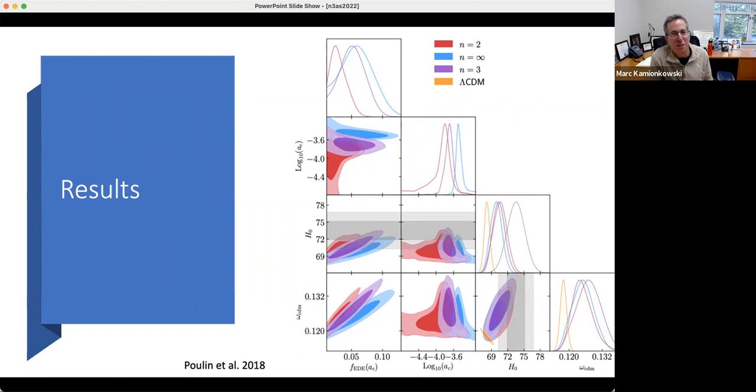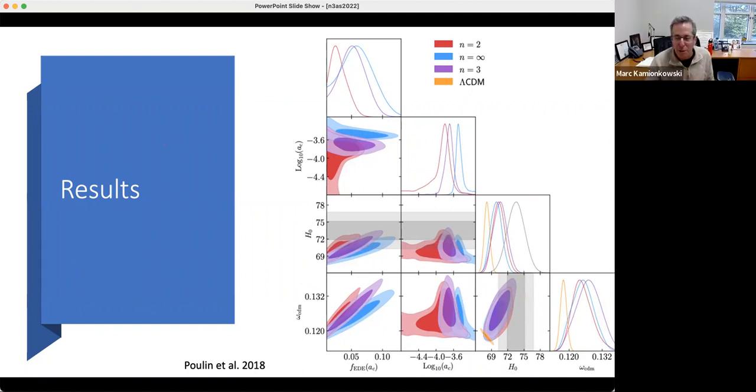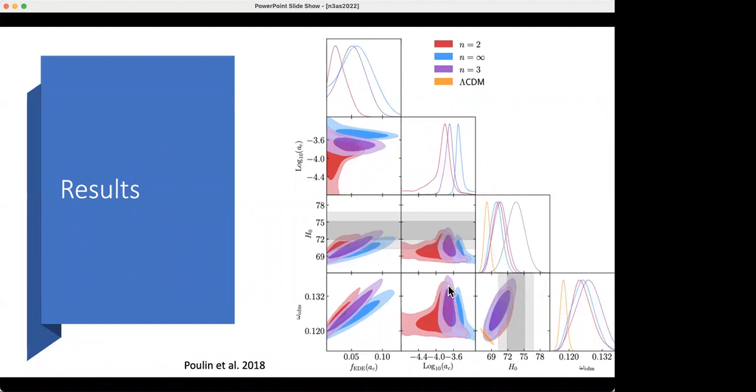And on this plot, is it log base 10 of a_c? Is that the initial value? So a_c is the scale factor at which the early dark energy becomes dynamical. It's at a redshift of about 6 or 7,000. Okay, right. You said you didn't have that on the plot. Okay, thank you. Sure.